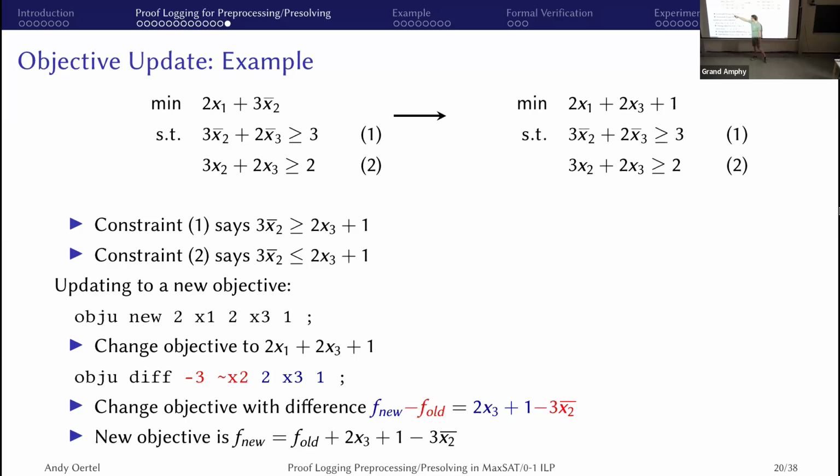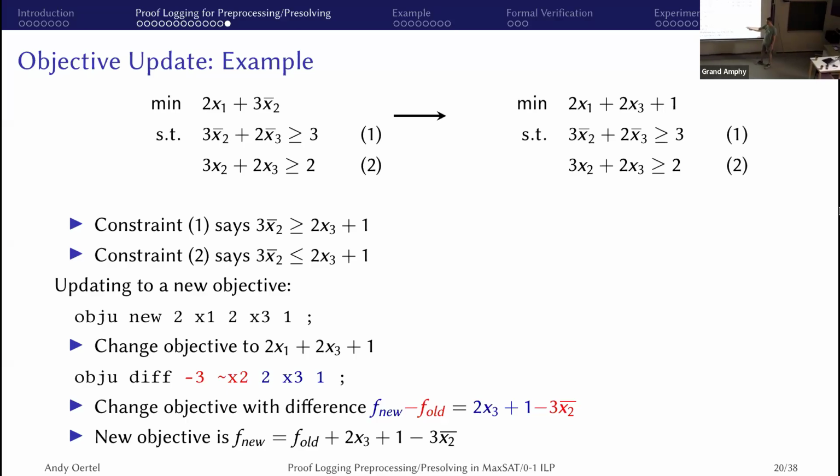So we can change our objective that contains 3 not x2 and replace it by 2x3 plus 1. And we can do this by just directly saying what our new objective is. We're just specifying that our new objective is 2x1 plus 2x3 plus 1, this constant 1.